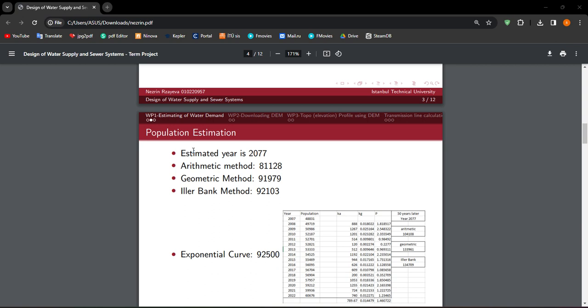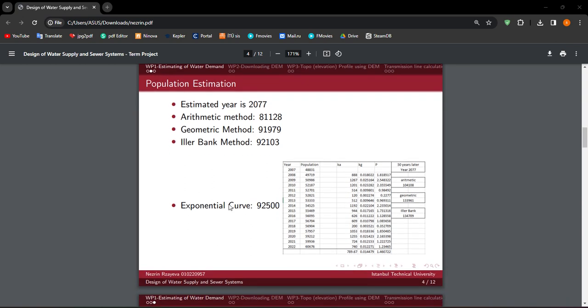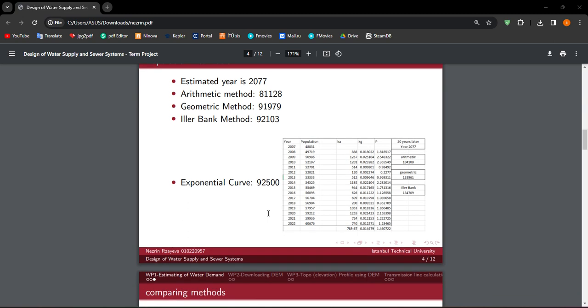We check our population for 55 years after this time. For calculation of the population estimation for the 55 years after, we use the arithmetic, geometric, and Ilerbank methods for estimating the best fit, and we derive the last part, the exponential curve.